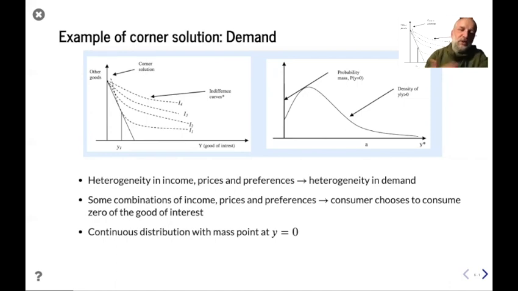So we know how to do that. But then in data, not everybody has the same prices and preferences and income and so on. So this budget line is going to change with income and prices, and the preferences would shift up and down these different indifference curves, and you're going to have a lot of heterogeneity in demand.